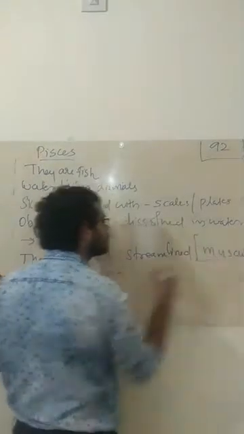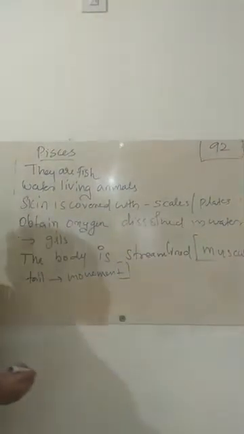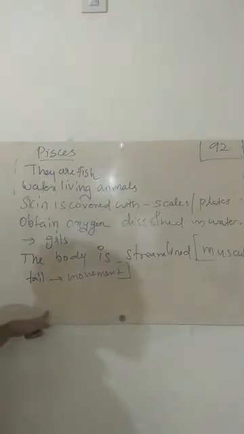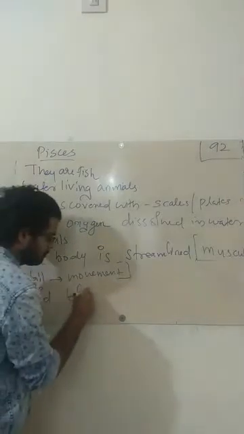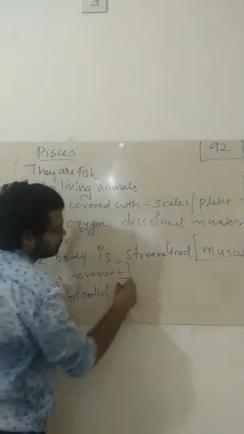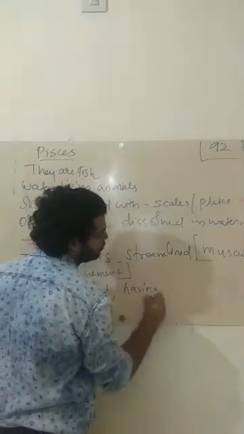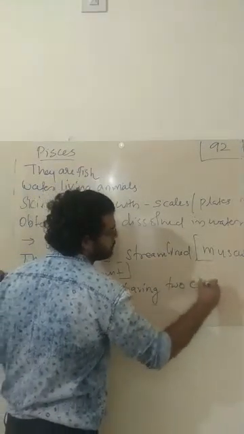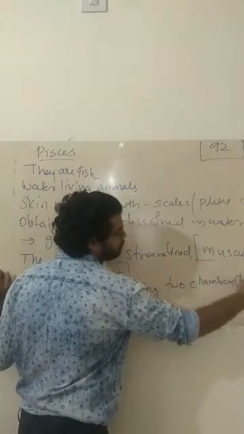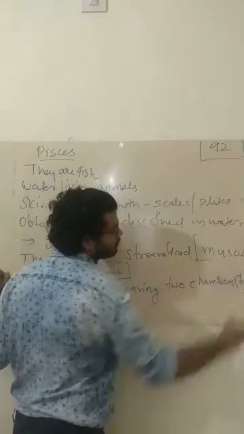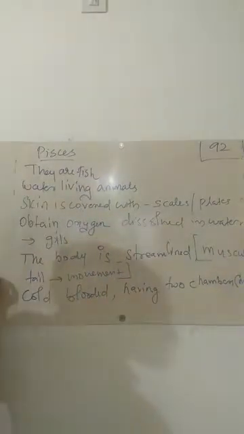Muscular tail is used for the movement. They are cold blooded, having 2 chambers in the heart. We have four chambers, in this only two chambers.